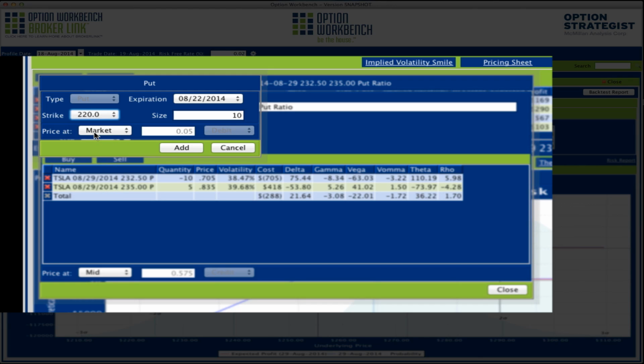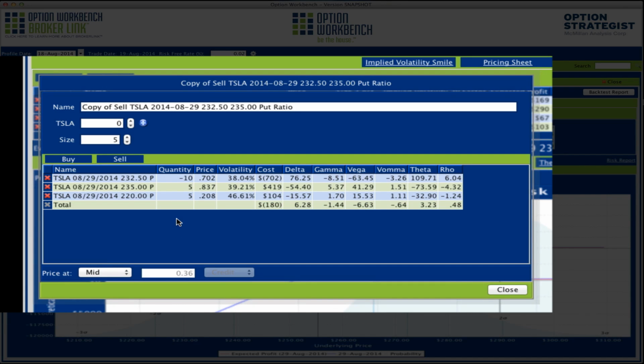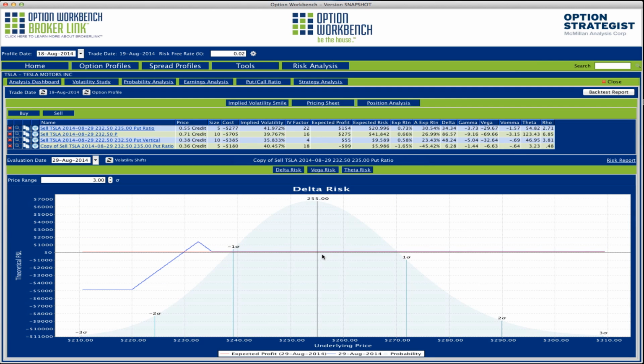So I'll scroll down here to 220, do that for August 29th. I want to do it at mid and want to buy 5 of them. I'll click add. Okay, so now I've got a floor underneath my put ratio. I got a 36-cent credit, and let's see what that does to the risk.